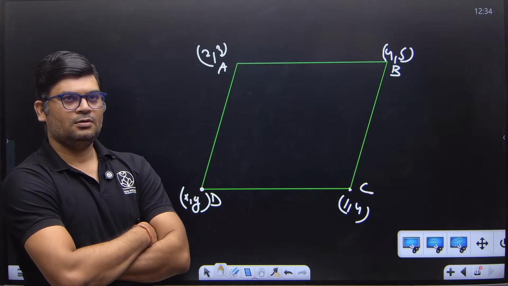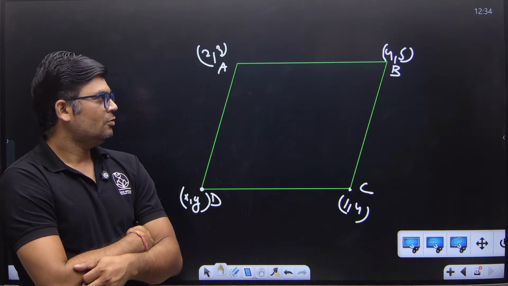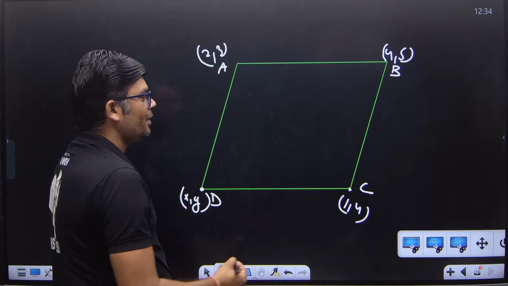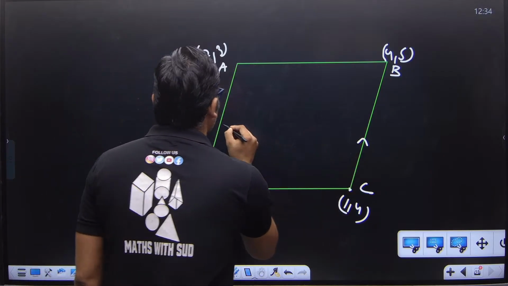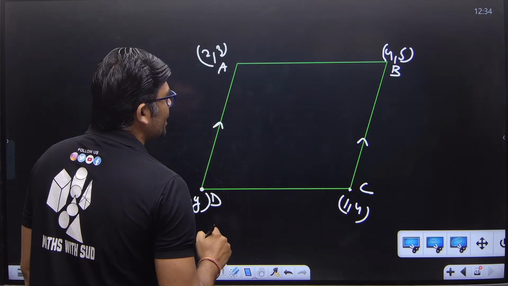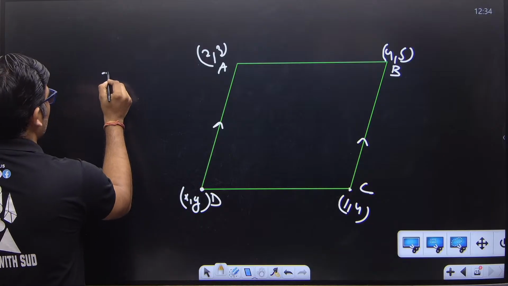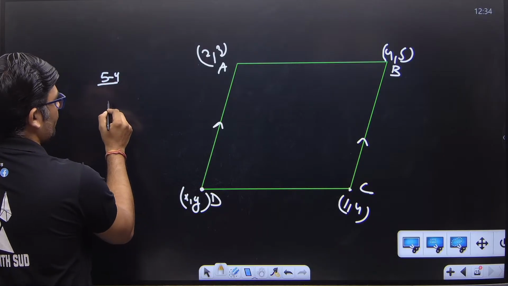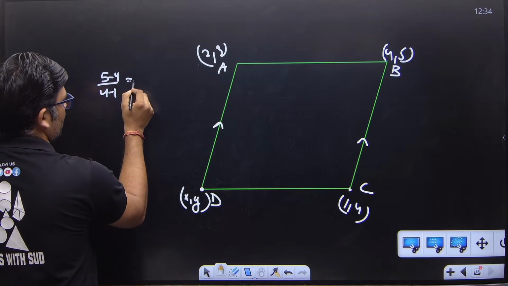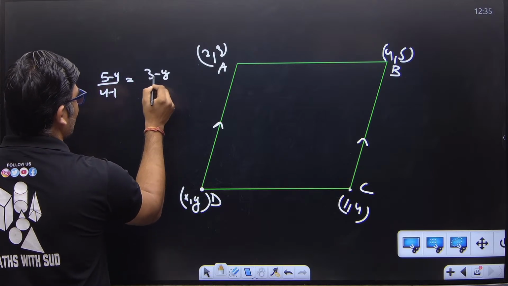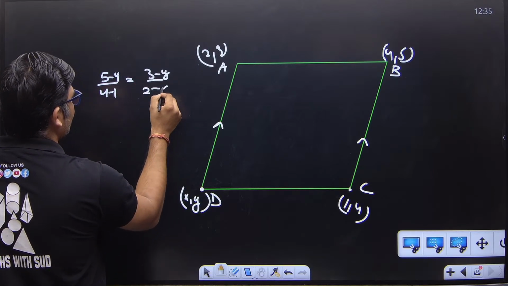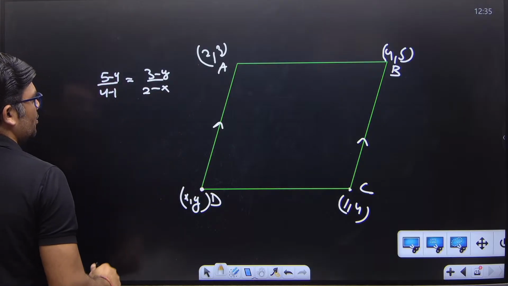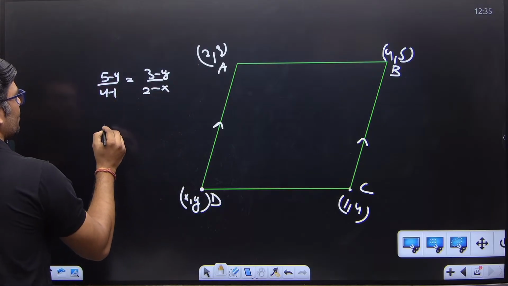The slopes are equal. Wonderful. Very good. The slopes are equal. So slopes are equal means you can do 5 minus 4 upon 4 minus 1 is equal to 3 minus y upon 2 minus x. But in that case, you will get something like this.